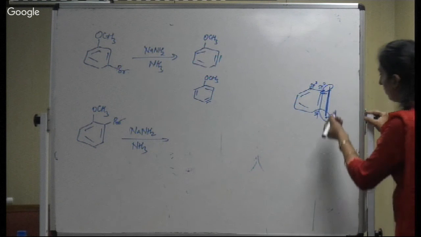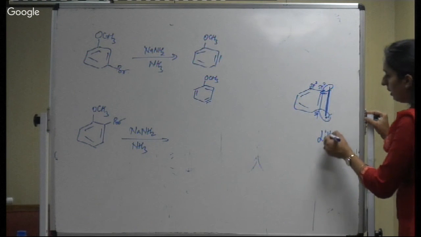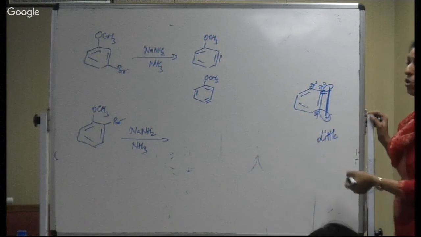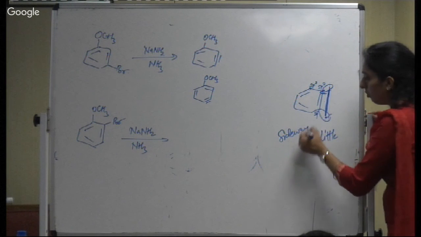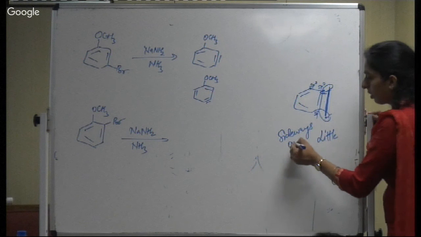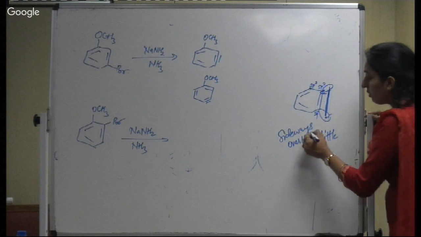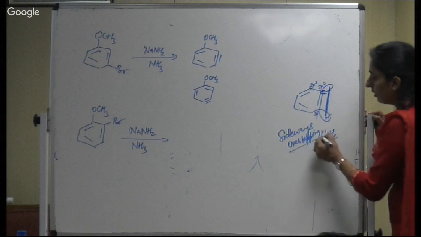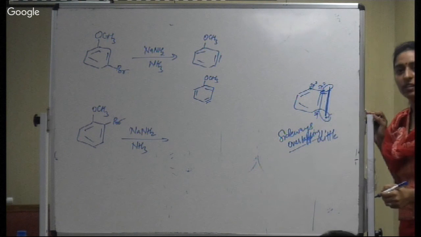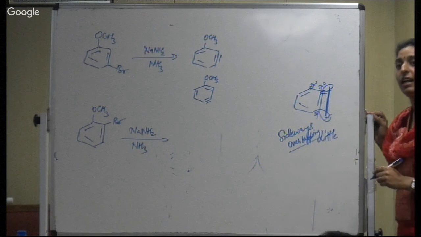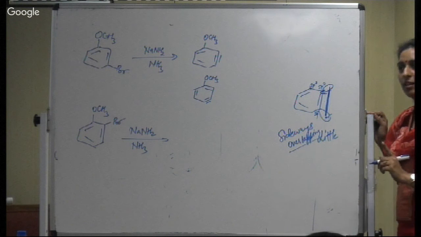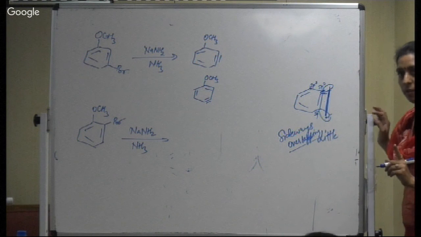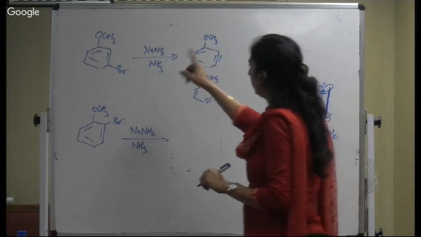There are little interactions, and the overlapping is just a sideways overlapping. It is not proper overlapping, na? That is why the bond is weak. So the species is highly unstable. Am I clear to everybody? Okay.